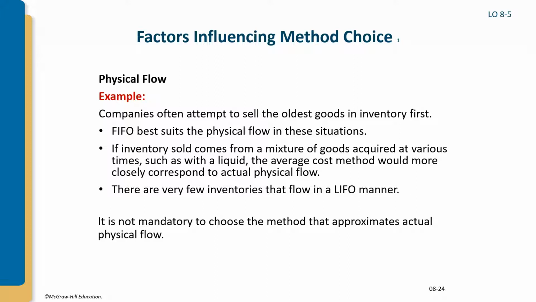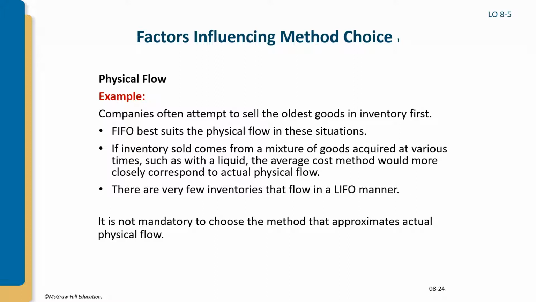Again here, companies often attempt to sell the oldest goods in inventory first. That's our physical flow. So FIFO best suits the physical flow in these situations. If inventory sold comes from a mixture of goods acquired at various times, the average cost method may more closely correspond to the actual physical flow.